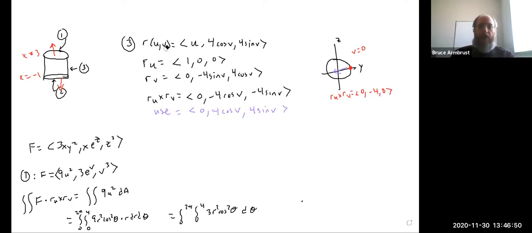So let's get our field written in terms of this parameterization. So our field's going to be 3xy squared, so 3u times 16 cosine squared, x e to the z, so u e to the 4 sine v, and then z cubed, which will be 64 sine cubed v.